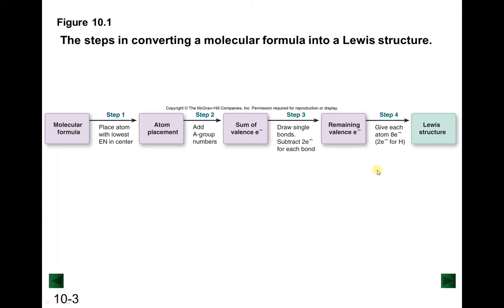But the end should be ideally every atom, whether the central atom or the peripheral atoms, most of them should have an octet, meaning most of them should have 8 electrons surrounding them. So each atom should have more or less 8 electrons, and when you do that, you have the Lewis structure.